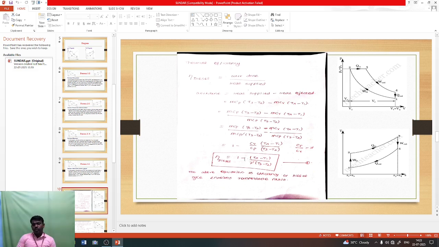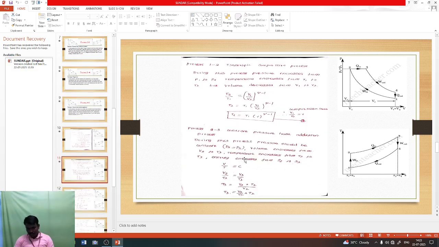Now we are going to find the efficiency of the diesel cycle in terms of volume ratio.